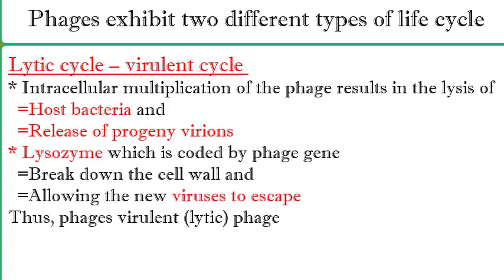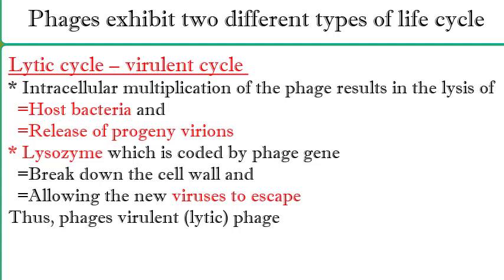This is an intracellular multiplication of the phage or viruses that results in the lysis of the host cell or host bacteria and release of progeny virions or viral particles. Lysozyme in this case, which is coded by a phage gene, breaks down the cell wall, allowing the new viruses to escape the host cell.